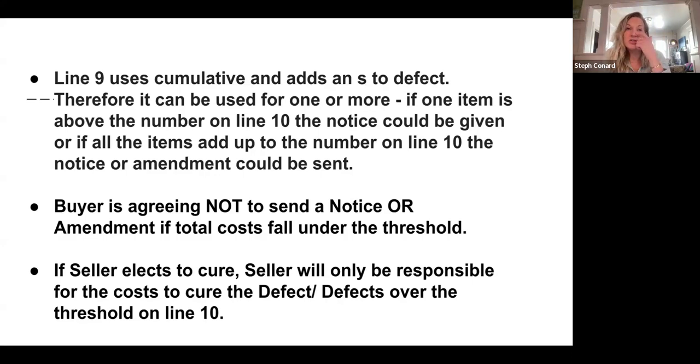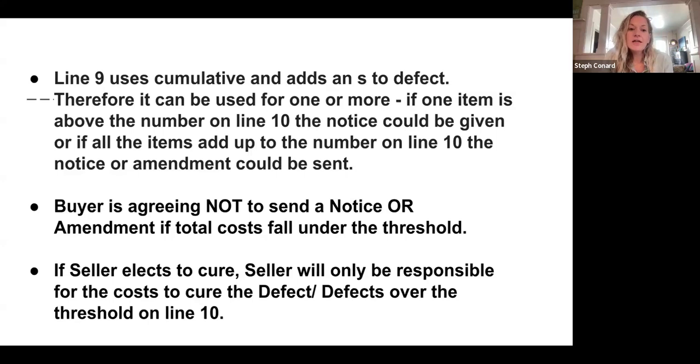So if you've got one item that rises above that threshold number, let's say we're talking about a foundation issue, and the foundation repair estimate comes in above a $5,000 threshold that is named, then the buyer has the opportunity to serve a notice of defects or to offer an amendment first to the seller.